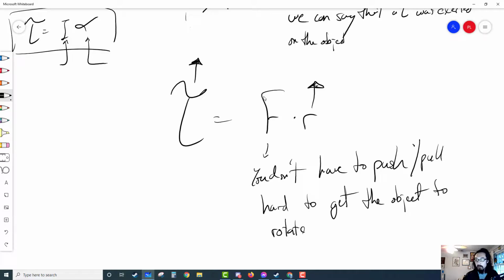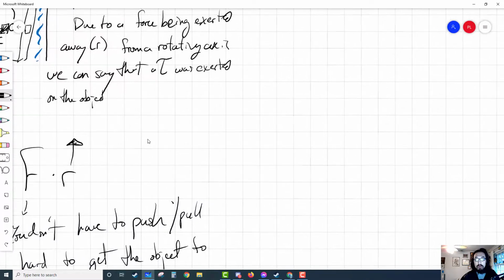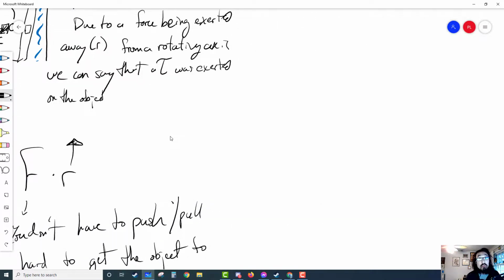Okay, and this is very important because this explains a ton of different things. One of them is why the handle of the door is always furthest away from the pivot point. Another one is a wrench. If we have a nut and then you have a wrench, so this is my wrench.